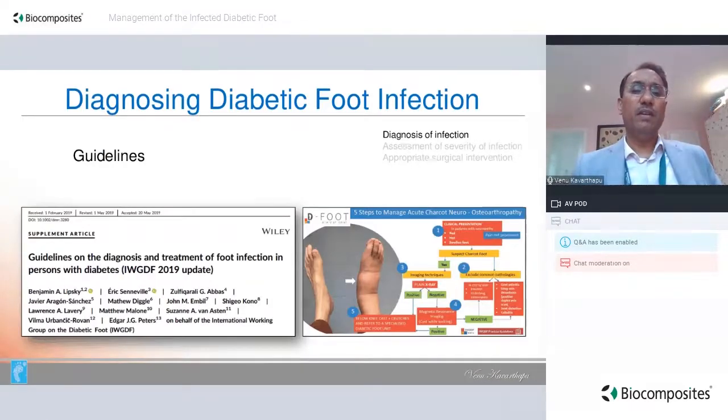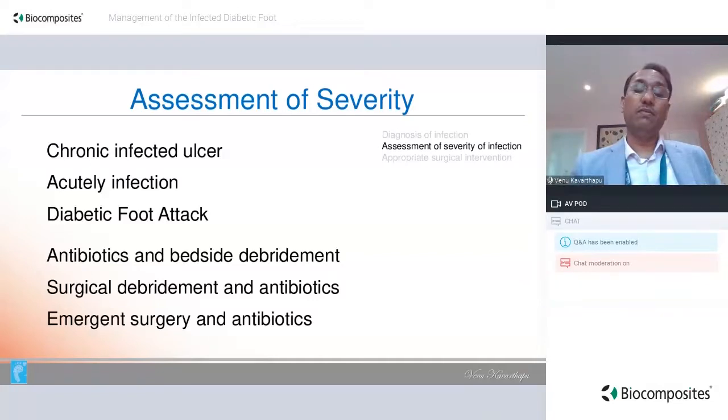There are a number of guidelines. One notable one is the International Working Group guidelines on the diagnosis of a diabetic foot infection, and very recently D-Foot International has provided a very simple 5 steps to manage an acute Charcot in comparison to infection.